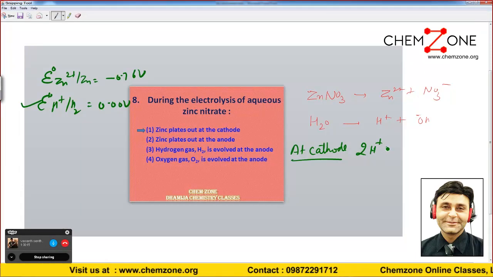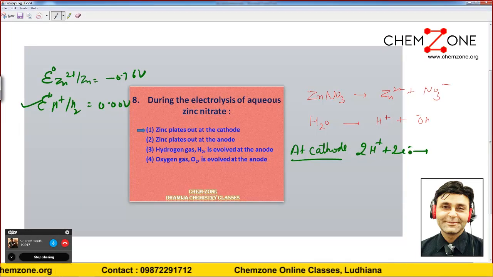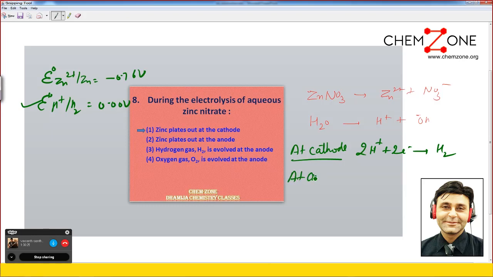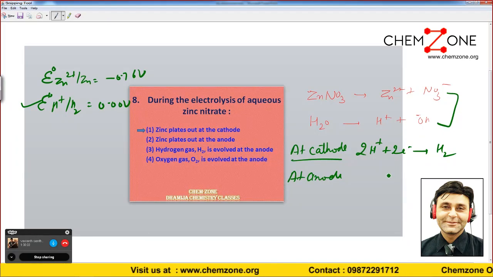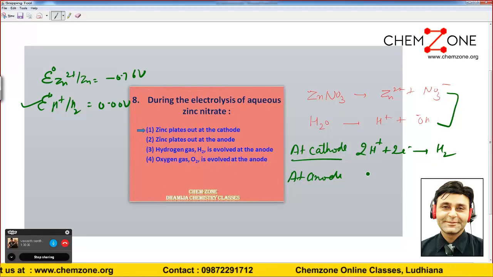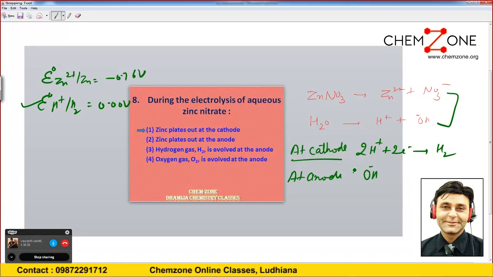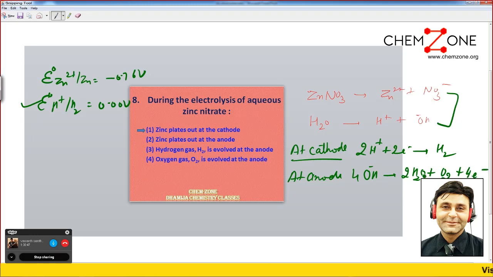Wait, I thought you were supposed to look for lower potential. No, the one which has a higher reduction potential will be reduced. But at anode, out of these two, which will require less potential, here we are talking about the discharge potential. So the OH ion will be discharged first, you know that sequence. At cathode you have to see the reduction potential, and at anode you have to see the discharge potential.